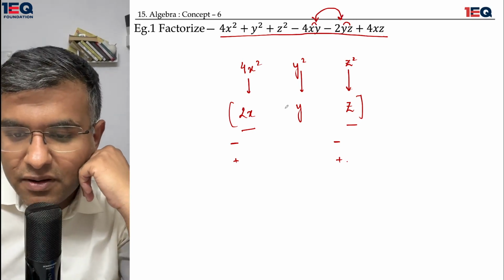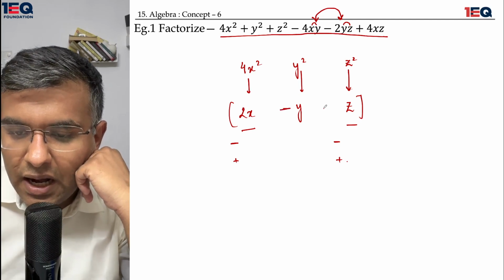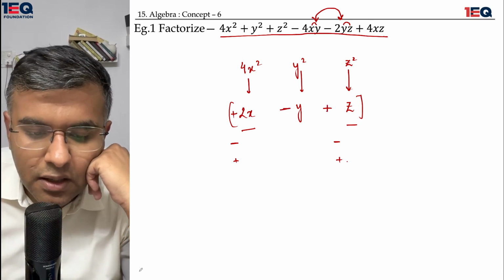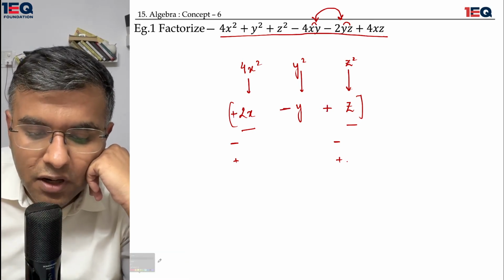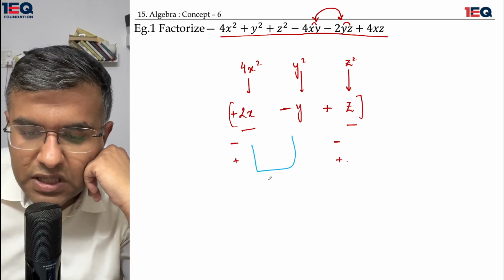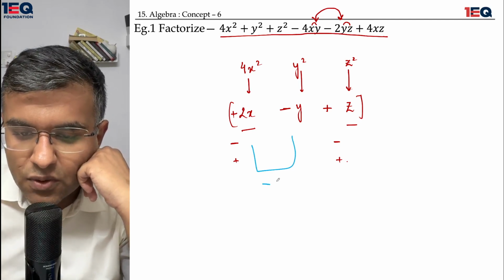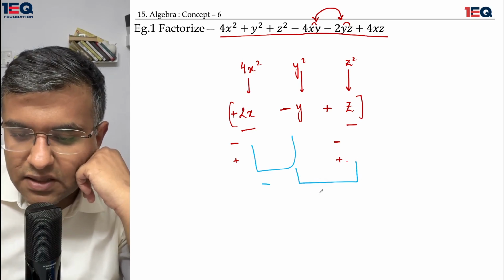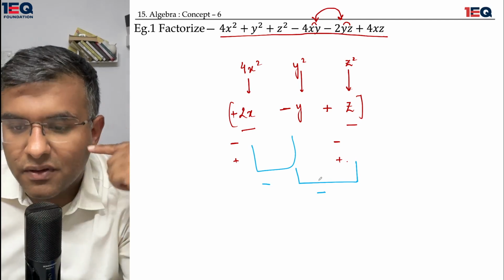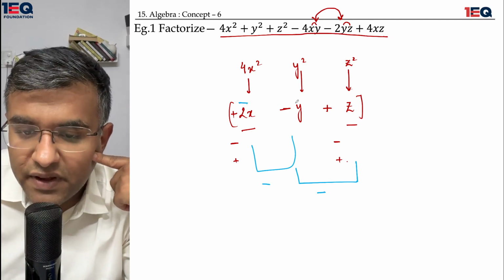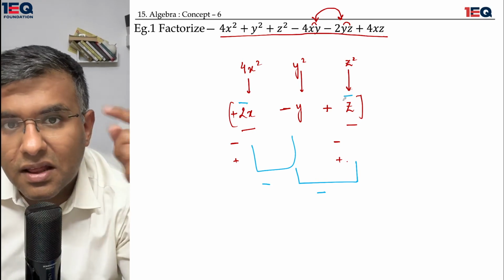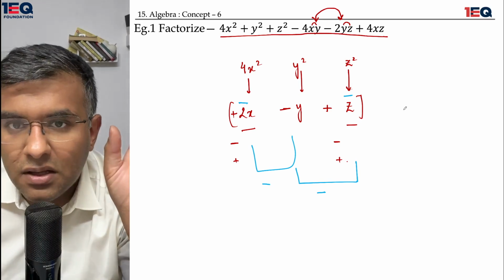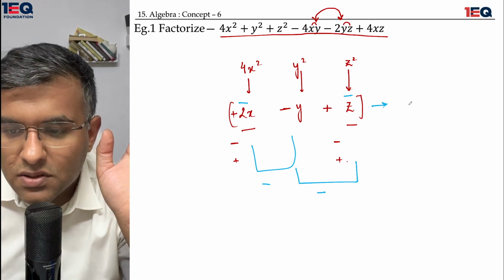If I have a negative sign in y and let all the others remain positive, then when I have a couple of x and y, the effective sign is going to be negative. When I have a couple of y and z, the effective sign is again going to be negative. But when I have a couple of x and z, the couple sign would be positive. So this suits my answer.